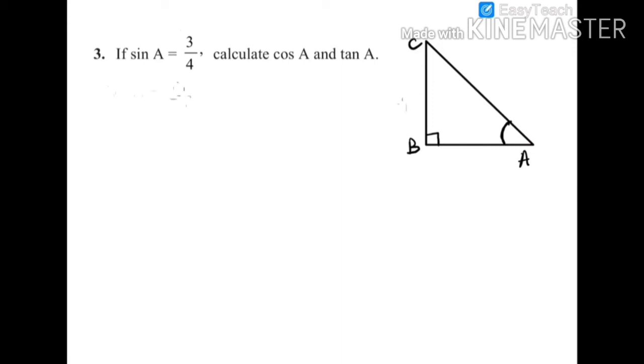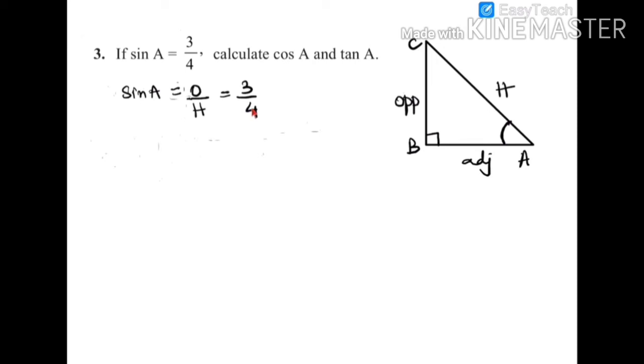So let's mark the opposite and the adjacent side in this triangle. BC will be opposite side, AB will be adjacent side, and AC will be hypotenuse. We know that sin A is equal to opposite upon hypotenuse, and it is given as 3 upon 4.